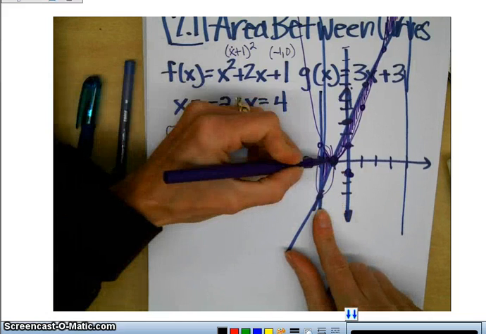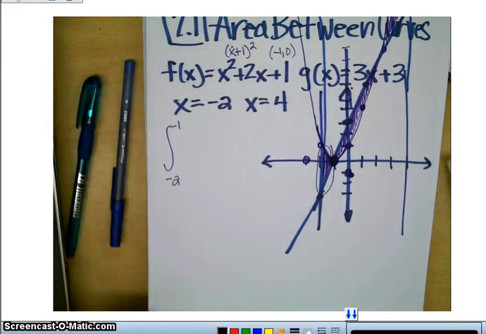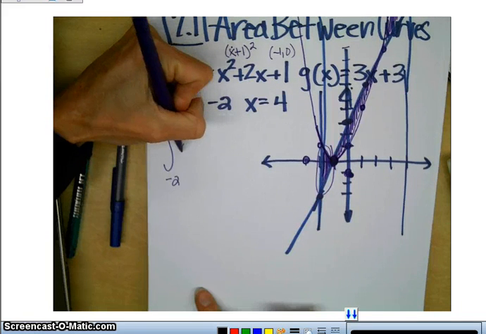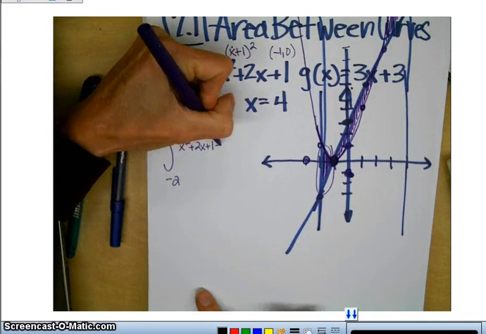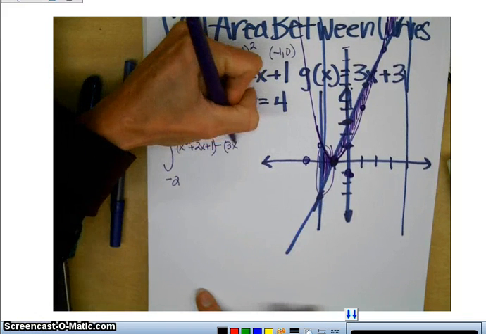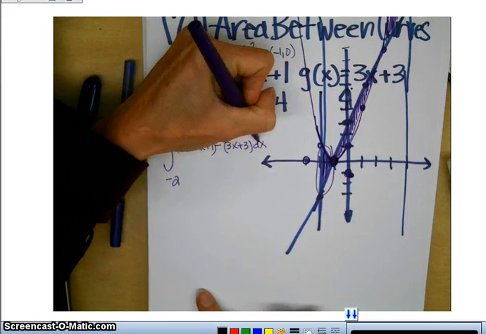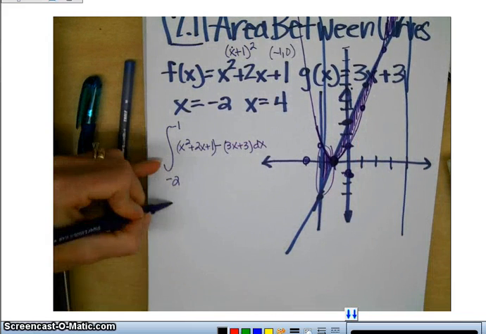What is the top function here? The parabola. So x squared plus 2x plus 1 minus, what is the bottom function? 3x plus 3 dx. Okay. So now the middle integral will be the integral from where to where?